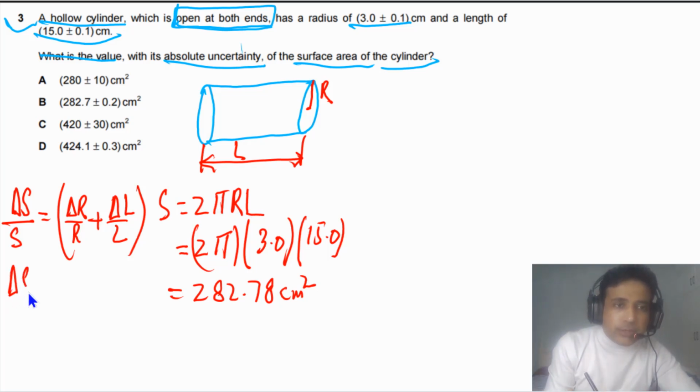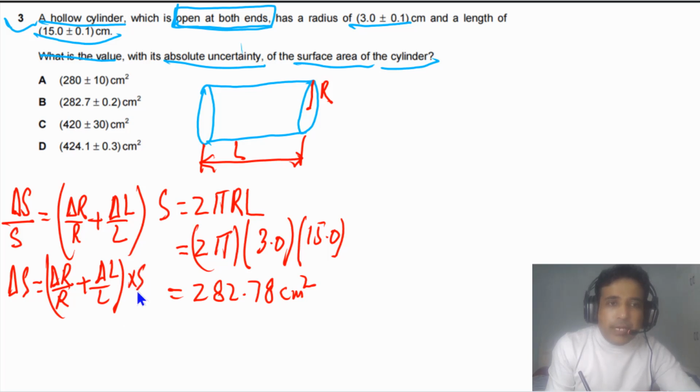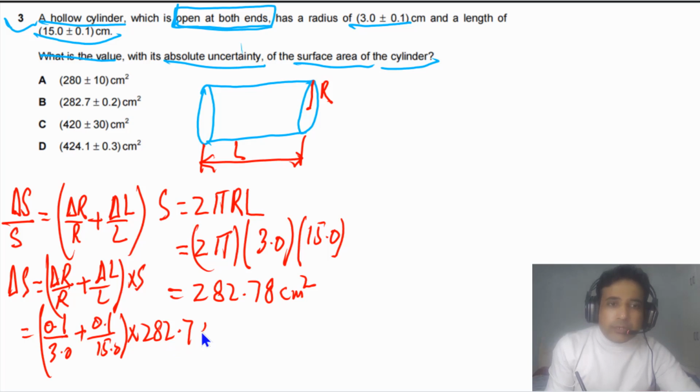So that's the reason we simply ignore them. In this case, we can say delta S is equal to delta R by capital R plus delta L by L, multiplied by S. Now simply we need to plug in values. Delta R is equal to 0.1 and R is equal to 3.0, plus 0.1 divided by 15.0, multiplied by S. S is equal to 282.78.